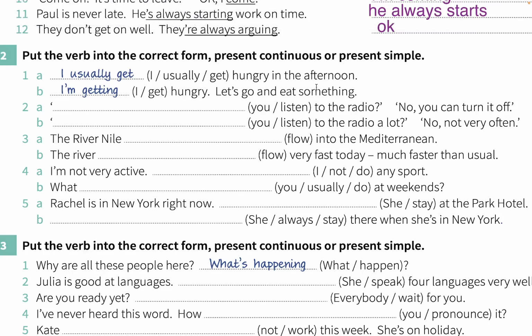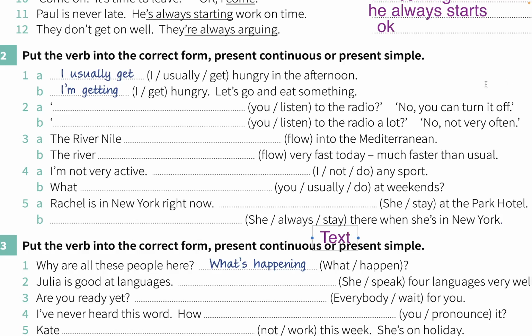Alright, time is up. We are going to answer this all together. Anyone want to try answer number 2A? So it's blah blah blah, you listen to the radio. No, you can turn it off. What is the correct form for this one?